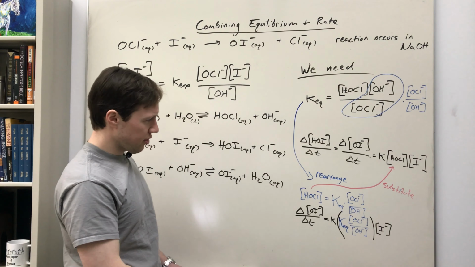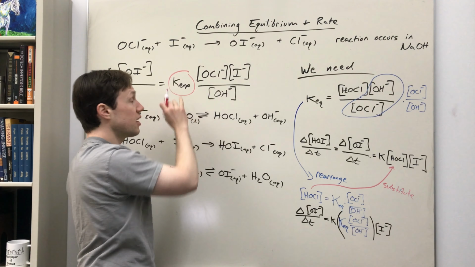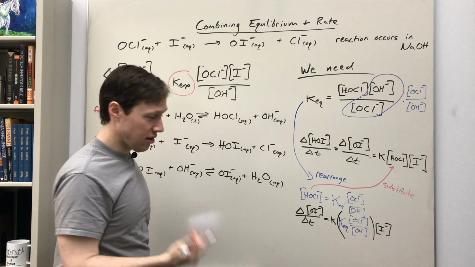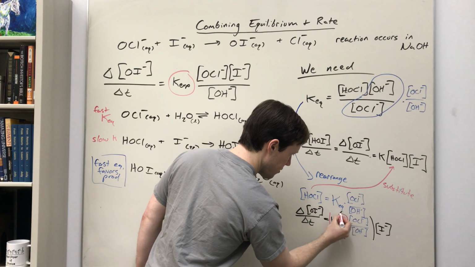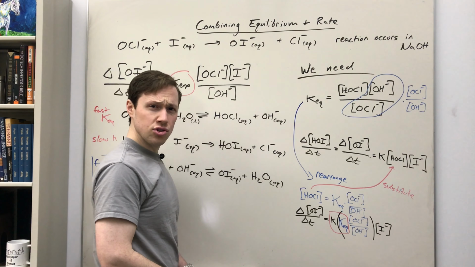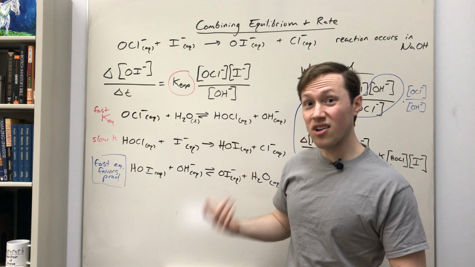But we also get something more. Up here we had some experimentally observed rate law constant, and down here we have two constants now. That must mean that those two constants are equal to one another.